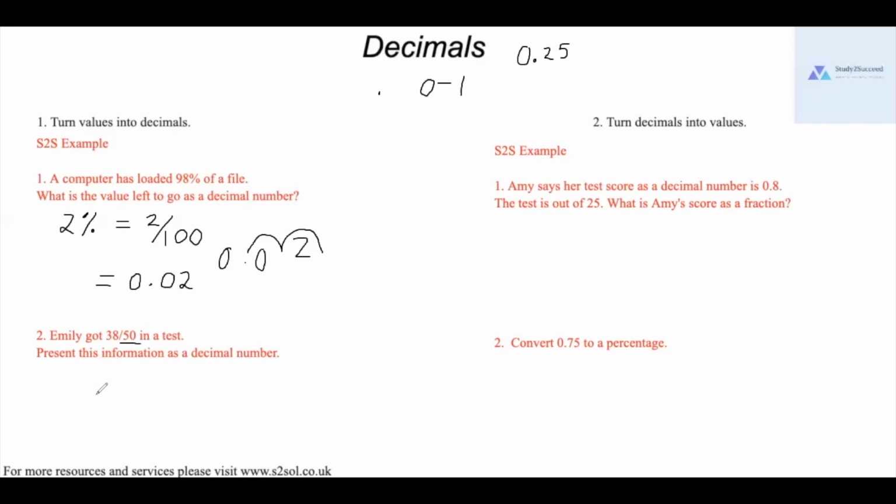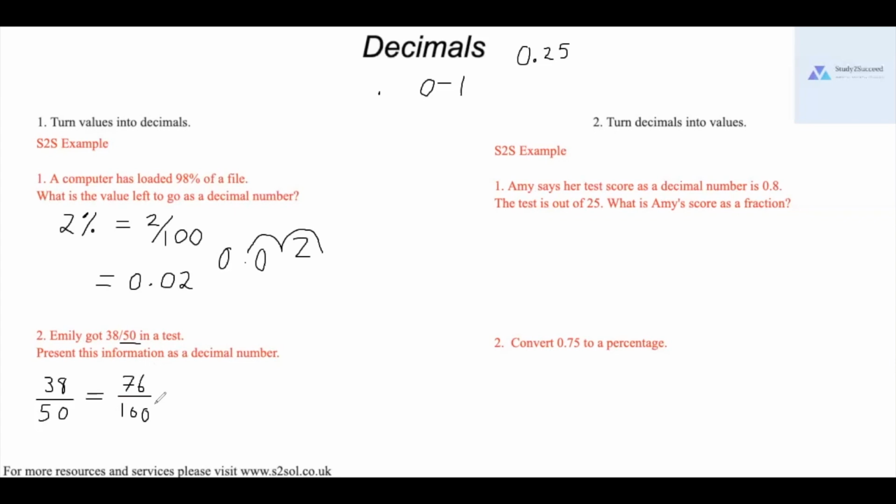If you haven't watched our equivalent fractions video, I encourage you to have a look at that video so that we can understand equivalent fractions. So 38 over 50 as an equivalent fraction over 100 is equal to 76 over 100.